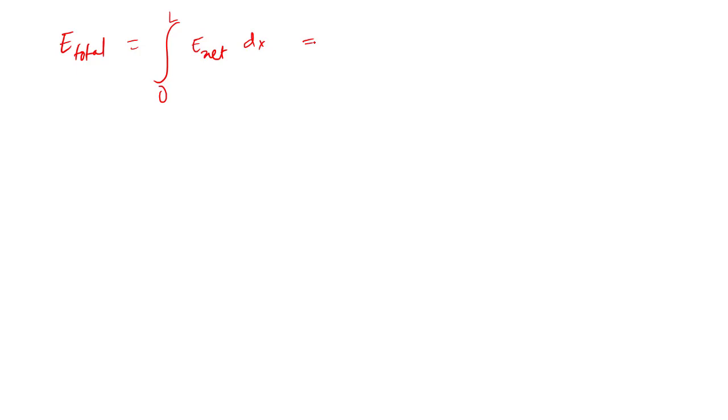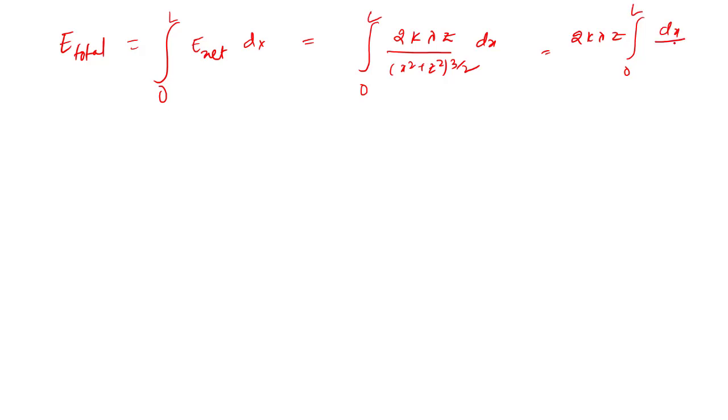So we have 0 to L, E net was 2k lambda z dx divided by x squared plus z squared whole to the power 3 by 2. If you do this simple integration, you can take out 2k lambda z, and then you have the integral from 0 to L of dx over x squared plus z squared whole to the power 3 by 2.